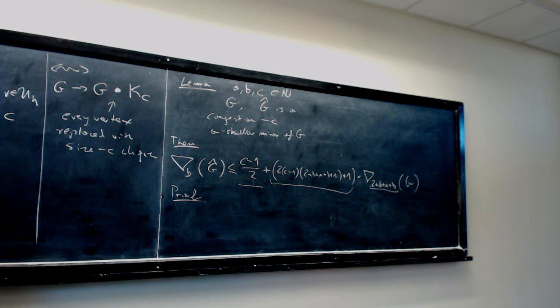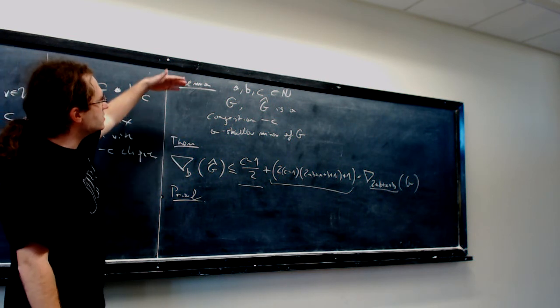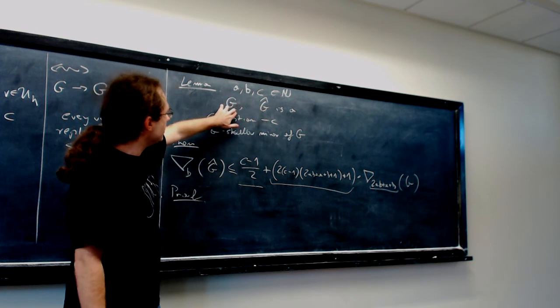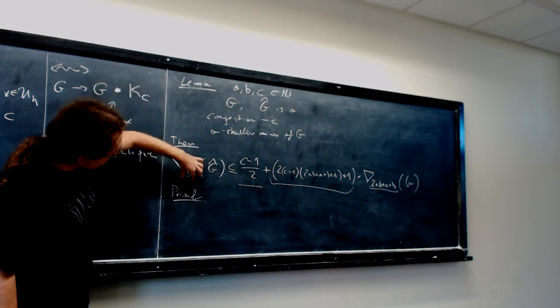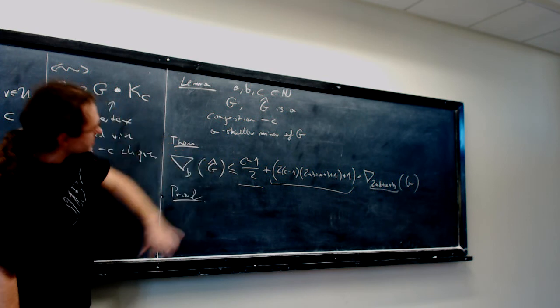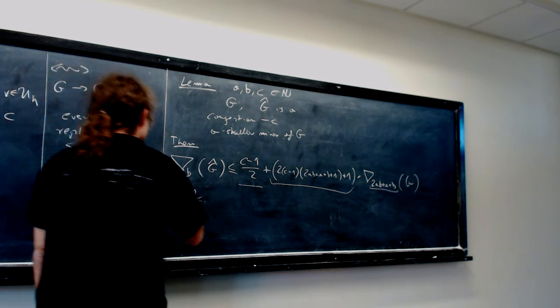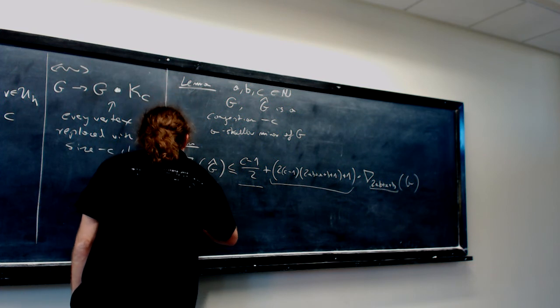First let's look at the minor model, and then we look at the minor model of G hat, a B shallow minor of G hat.